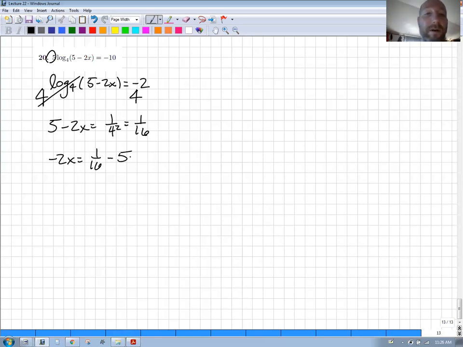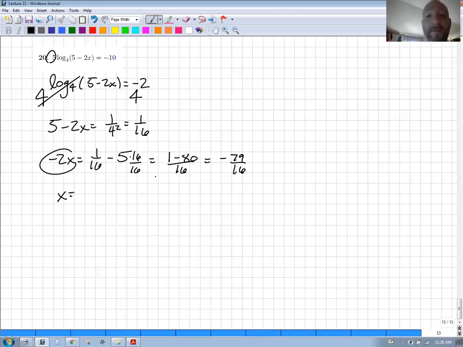To get a common denominator, multiply this by 16 over 16. So 5 times 16 is 80. So we got 1 minus 80 over 16, or -79/16. So that's what -2x is.